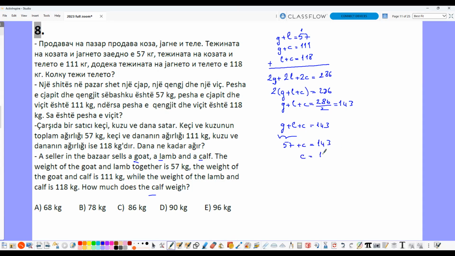So C is equal to 143 minus 67. As you know, 3 minus 7, we are going to borrow 1 from here, from 13, and it's going to be equal to 6, and then this is going to be 12, and 12 minus 6 is equal to 6, yes, and here it's going to be 13 minus 6, which is equal to 7.